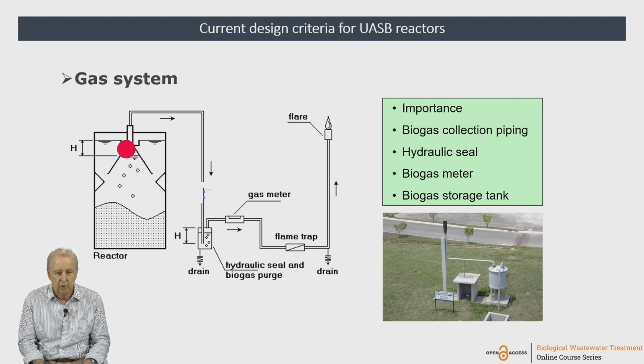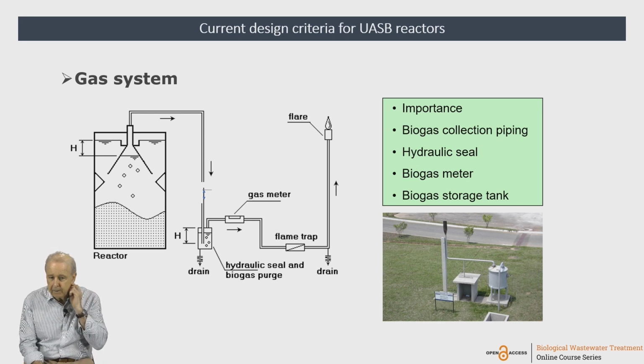So from the three-phase separator, we have a collection piping that goes to a hydraulic seal. We recommend here a gas meter, a flame trap, and minimally a flare should be used to destroy the methane if this methane is not used to recover energy.